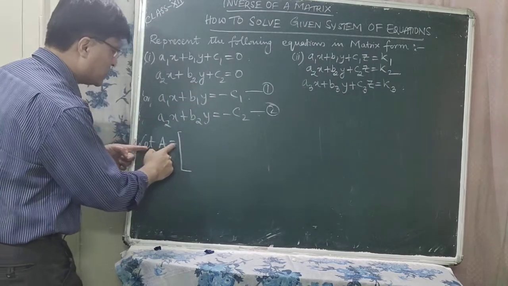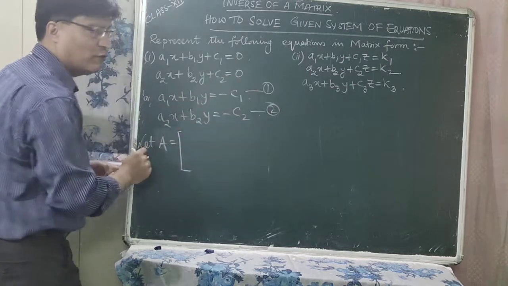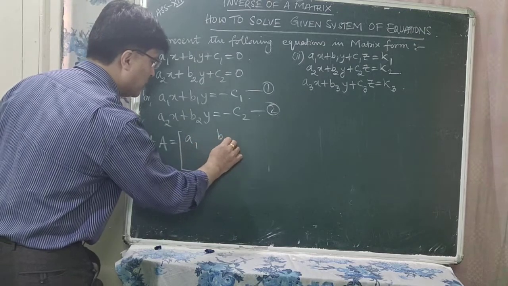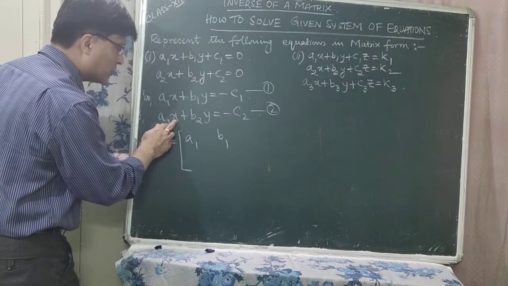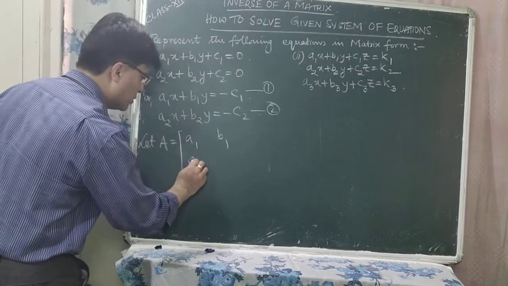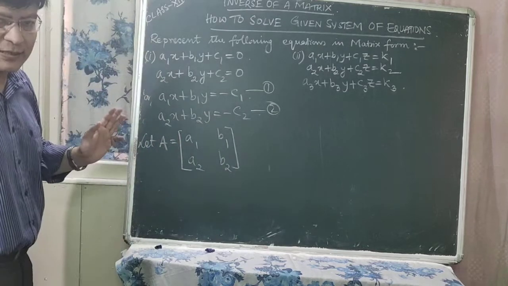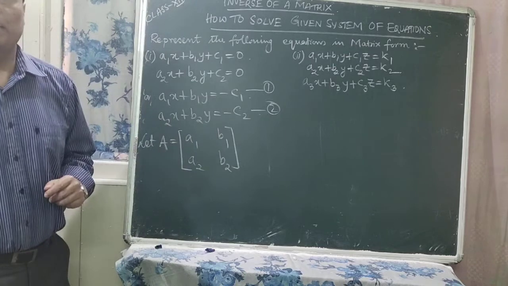So let matrix A be equal to, you write down the coefficients of x and y from the first equation in the first row. So it will be a1, b1, and from the second equation, what are the coefficients of x and y? It is a2, b2. So you should write here a2, b2. Is that clear to all of you? So this is known as the coefficient matrix.